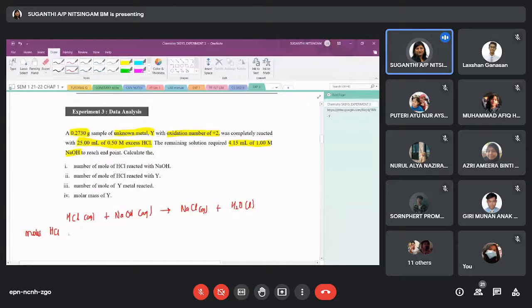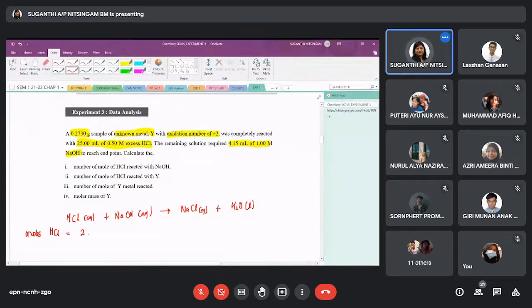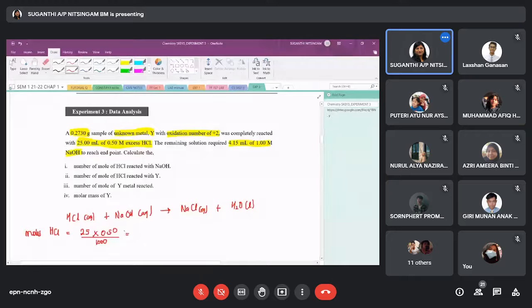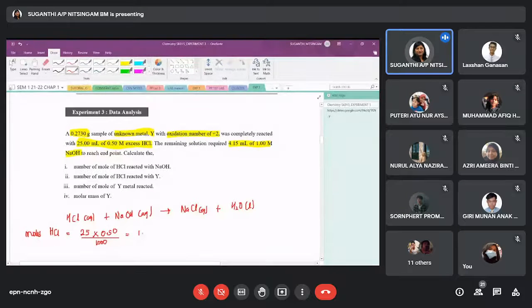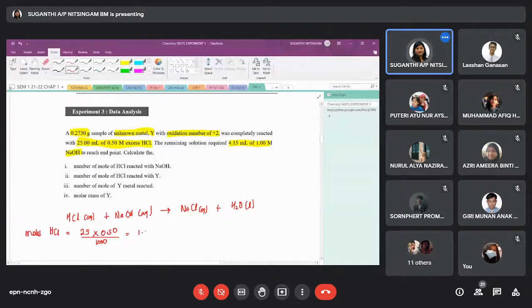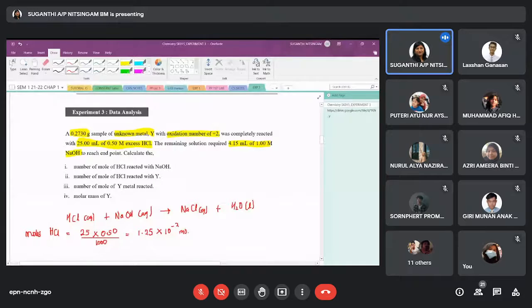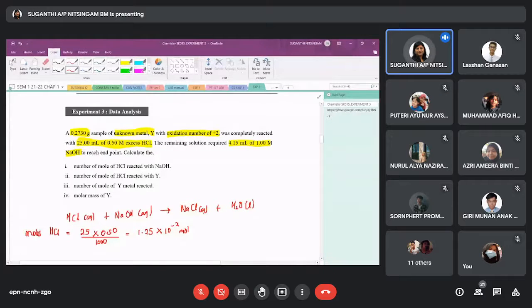Boleh cari terus. 25 times 0.50 divided by 1000. What do you get? Okay, tekan calculator. 1.25 times 10 negative 2 mole. Dapat tak ni? Dapat.